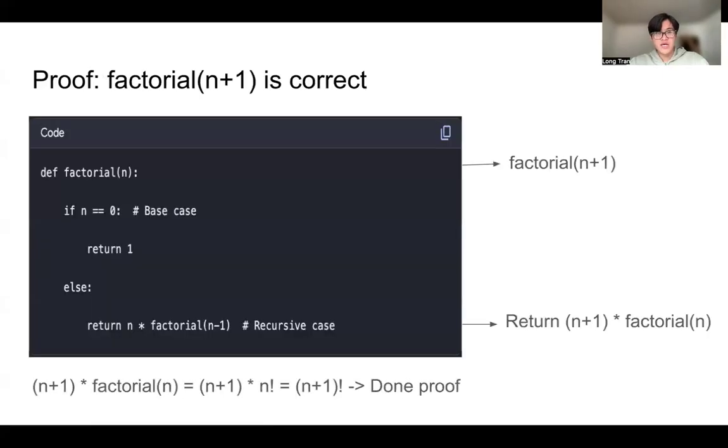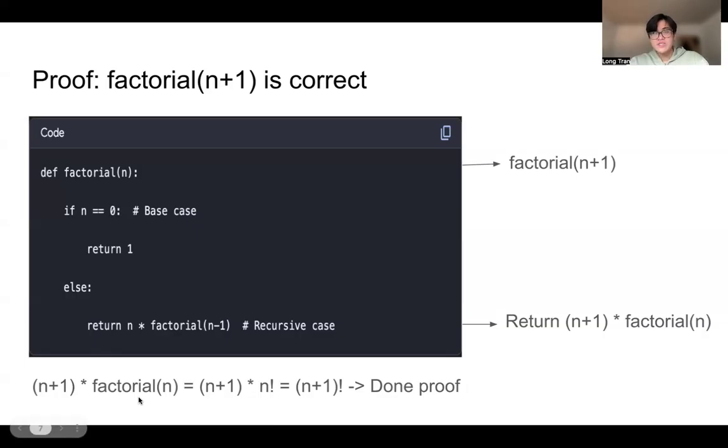If we input n plus 1, we replace n with n plus 1. At the return, we return n plus 1 times factorial of n plus 1 minus 1, which is factorial n. So in this return case, it returns n plus 1 times factorial n.